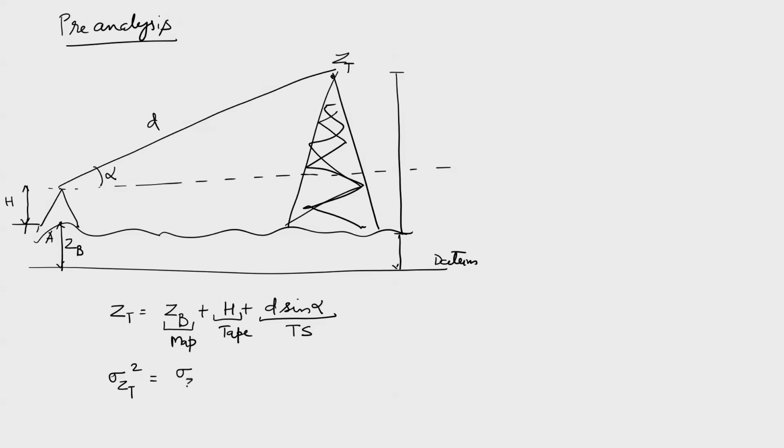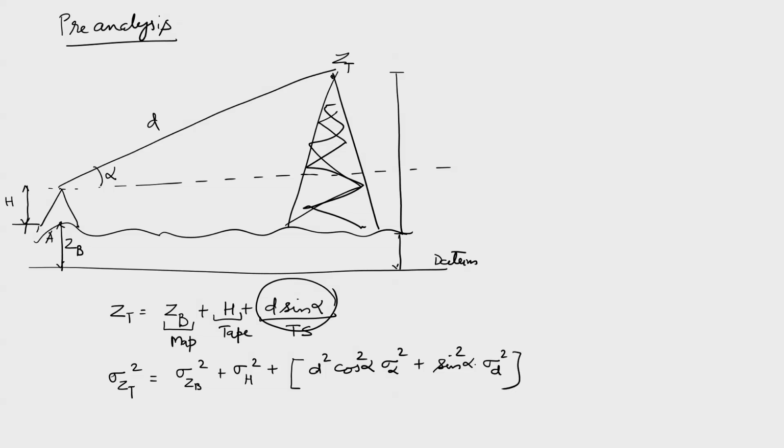I can write here sigma ZB square plus sigma H square plus D square cos square alpha sigma alpha square plus sin square alpha into sigma D square here, right.